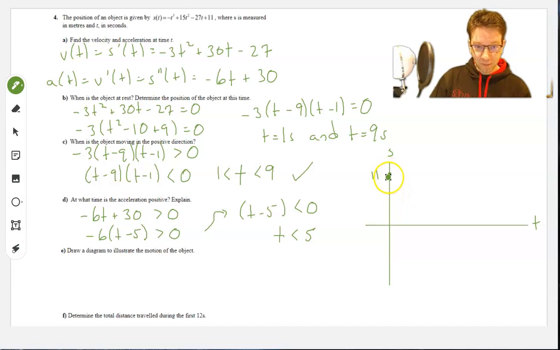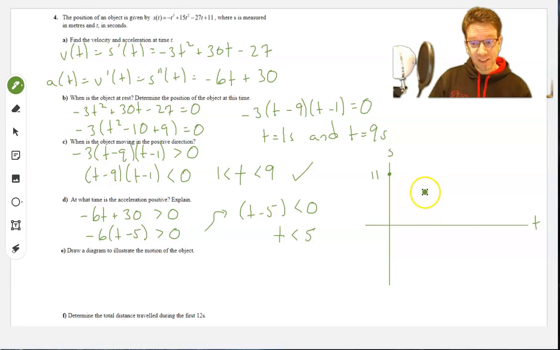All right, so what else do we know here? Well, we know at t equals 1 second and t equals 9 seconds, the velocity is 0. Okay, so if the velocity is 0 at those points, that tells us one thing.